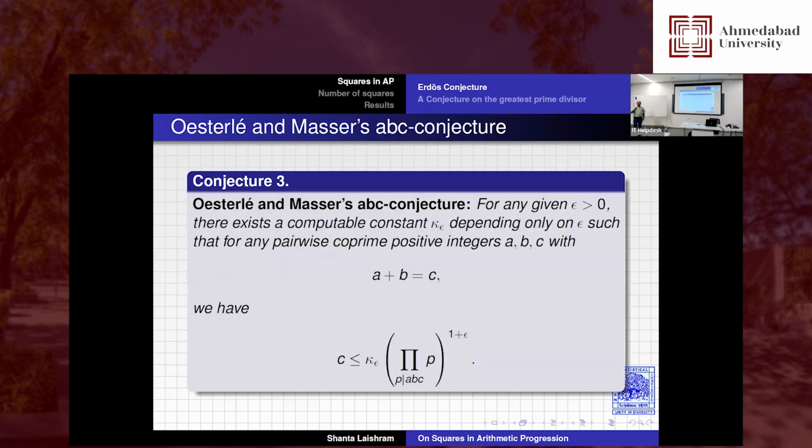For those who don't know what the ABC conjecture is, it is considered one of the most difficult problems in number theory. The statement is very simple. For any given epsilon positive, there exists a computable constant K epsilon, which depends only on epsilon, such that whenever A, B, C are pairwise coprime integers with A plus B equal to C, C is less than this constant times the radical, the product of primes dividing ABC, to the power 1 plus epsilon.